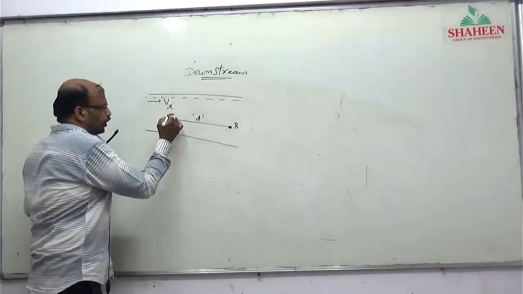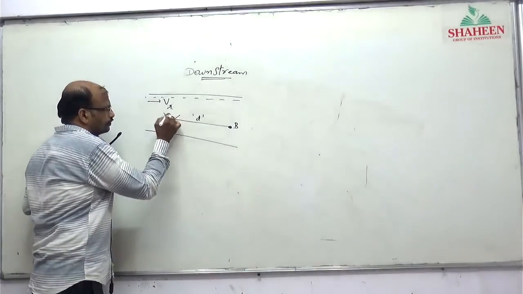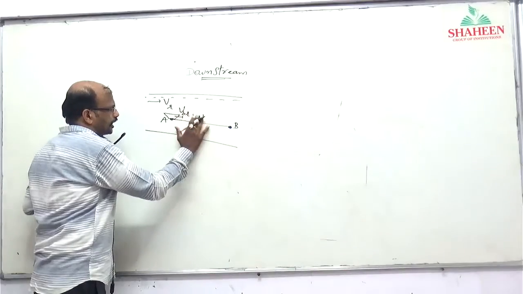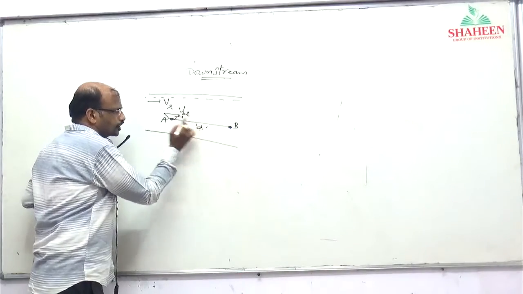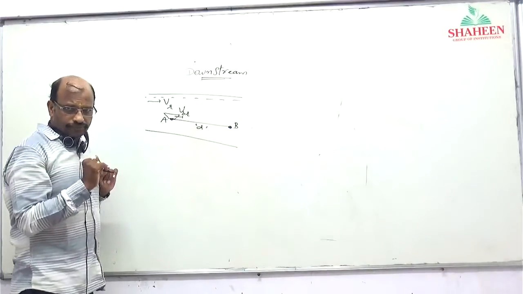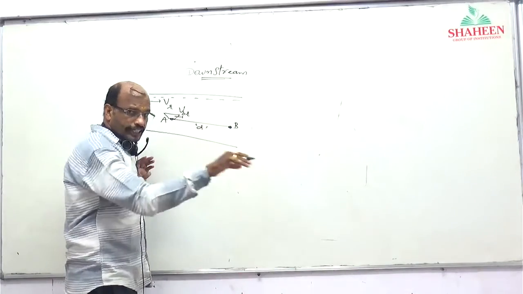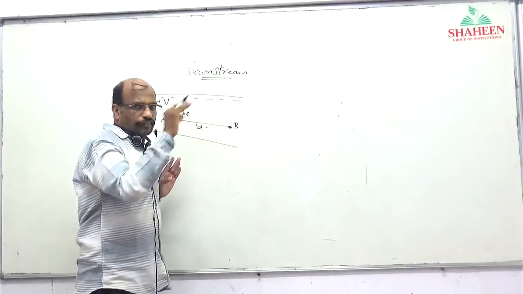At point A, boat is there. Velocity of boat with respect to river is in this direction. So he wants to reach from A to B. Downstream means along with the river flow.